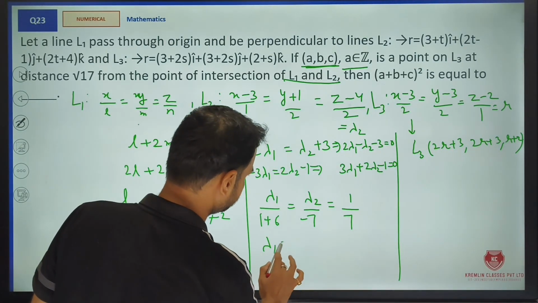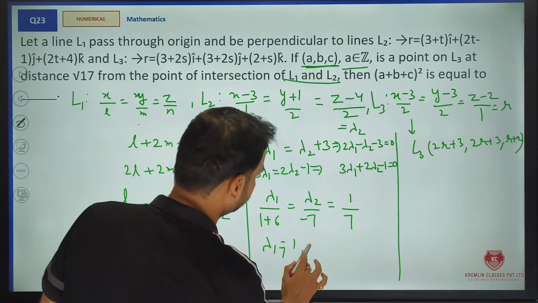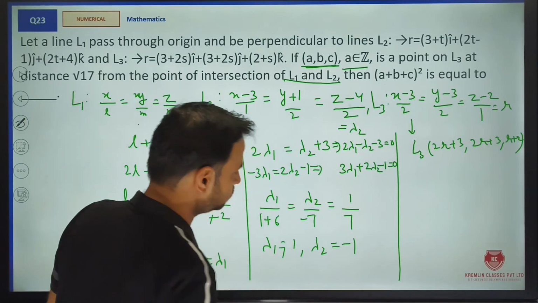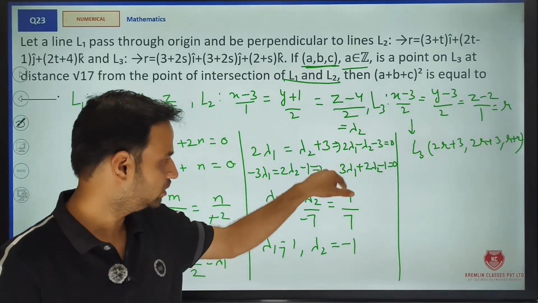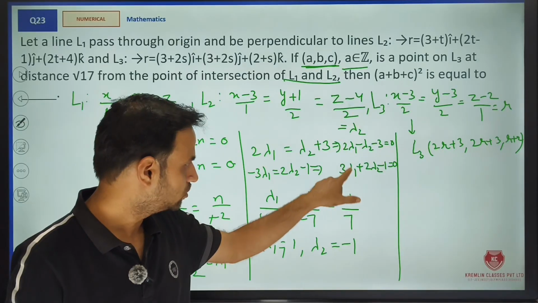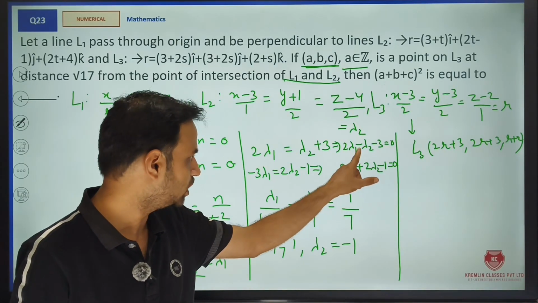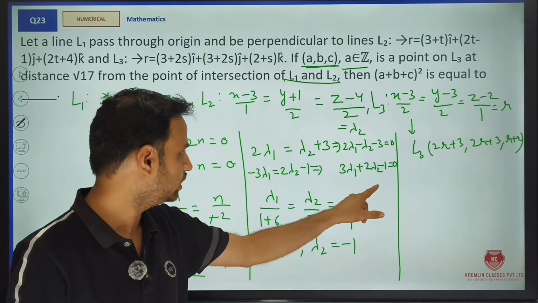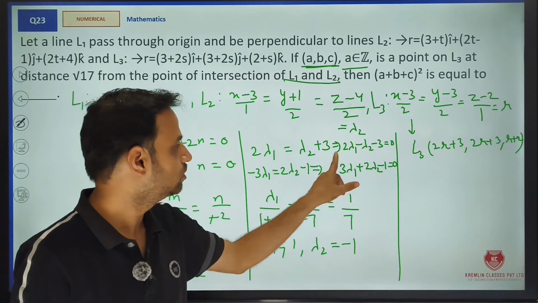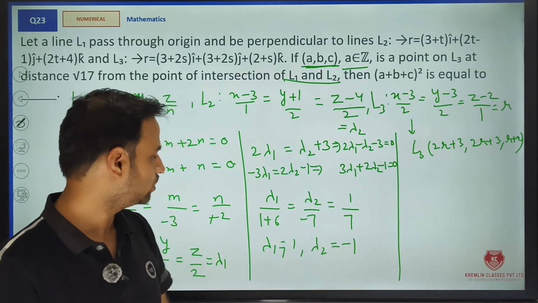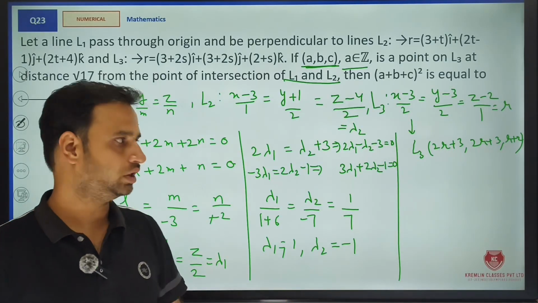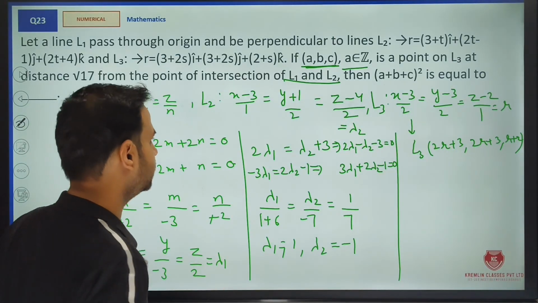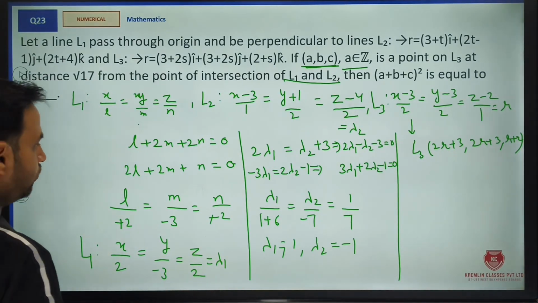So lambda 1 equals 1 and lambda 2 equals minus 1. Let us check this again, it is very important to check: 3 plus 6, minus 9 plus 2 is minus 7, 4 plus 3 is 7. So it is 1 and minus 1. It is correct. Okay, so we have to find the point of intersection of L1 and L2.